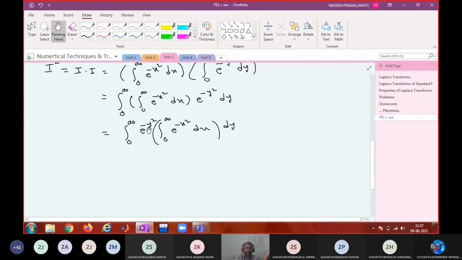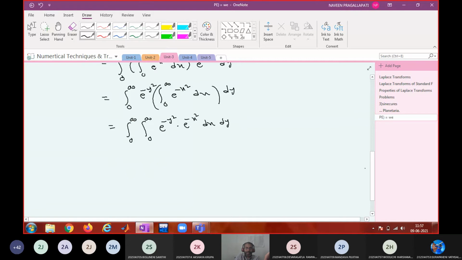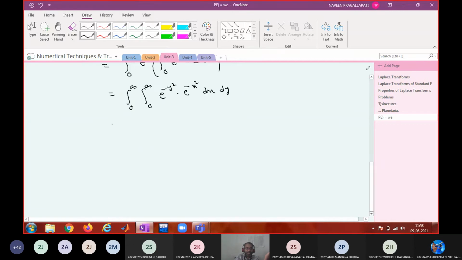This is some function of y, so it is acting like a constant. So can I bring this constant inside this integral? So this is e power minus y square into e power minus x square dx dy. When I multiply these two, this is nothing but integral 0 to infinity, 0 to infinity e power minus of x square plus y square dx dy.